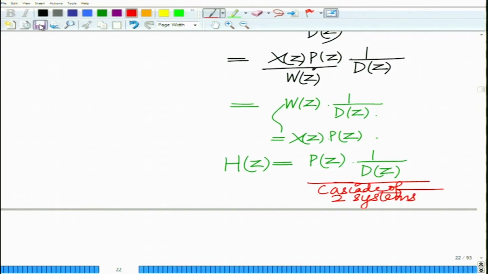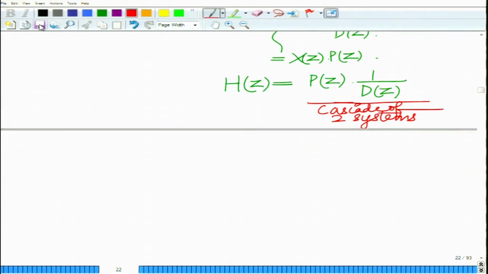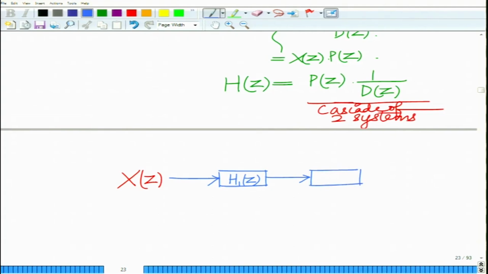Now, let us look at this. I have X(z) given as input to the first system, H1(z), the output is given as input to the second system H2(z), and the intermediate signal is given by the Z transform W(z).